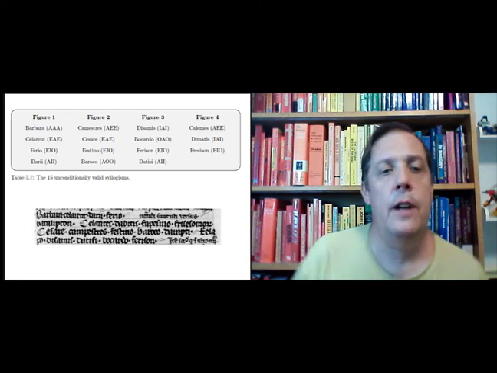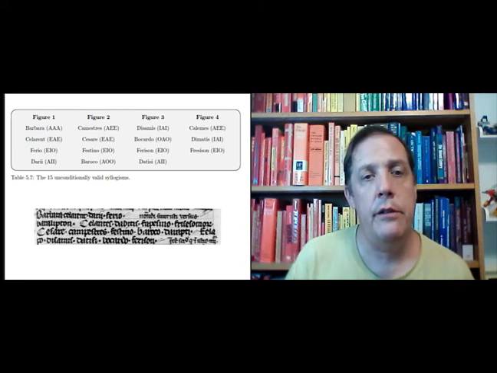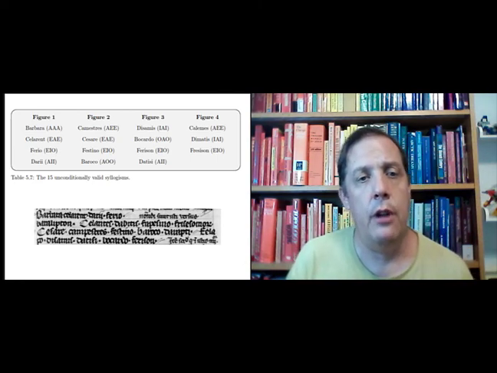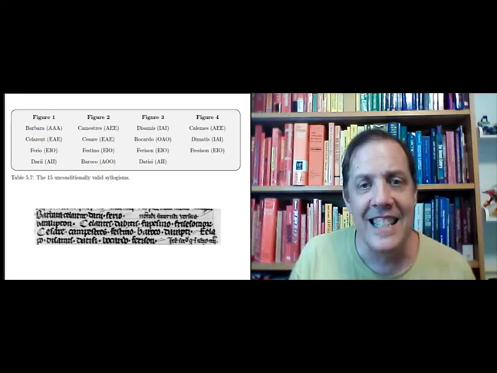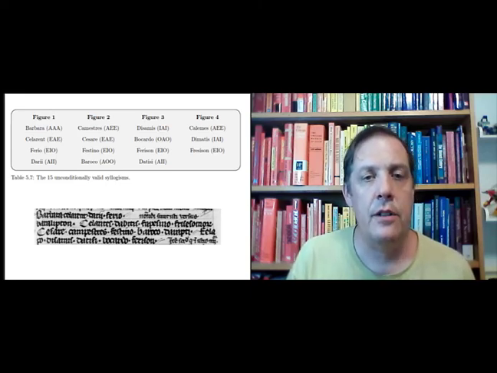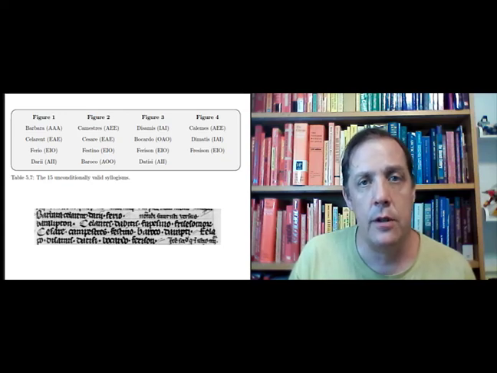One last fun fact about this table of the 15 valid syllogisms, you'll notice that every syllogism with the moods E, I, and O is valid. Ferio, Festino, Ferison, and Fresison. I think of these as the EIO sisters.